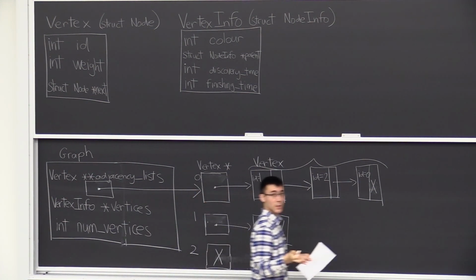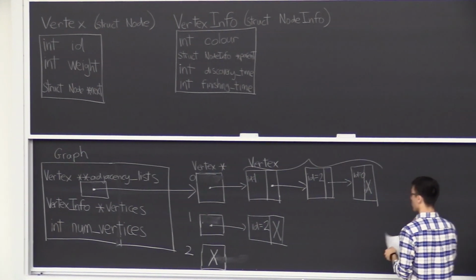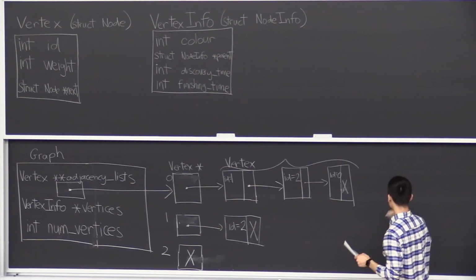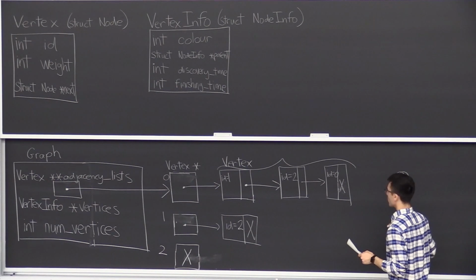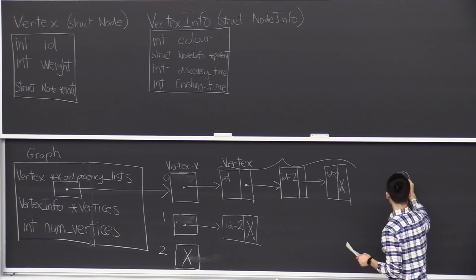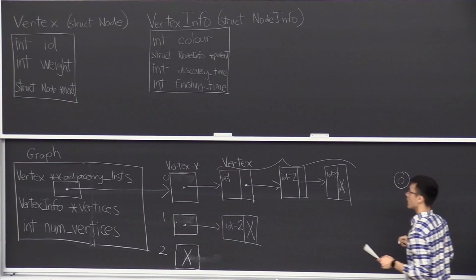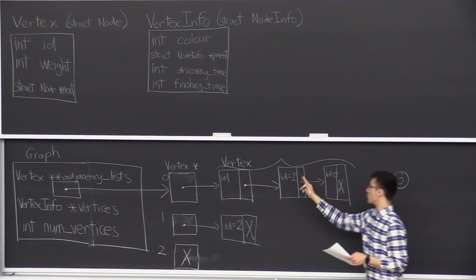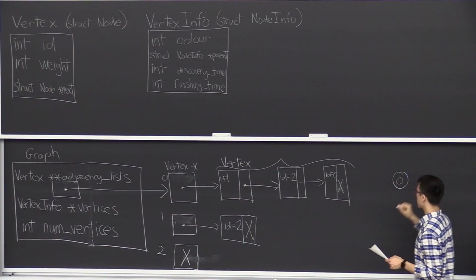Okay, so what would this actually look like as a graph? Well, we would just read it off. So we have the graph at ID 0. So this is the 0 node. It has 1, 2, 3 neighbors.